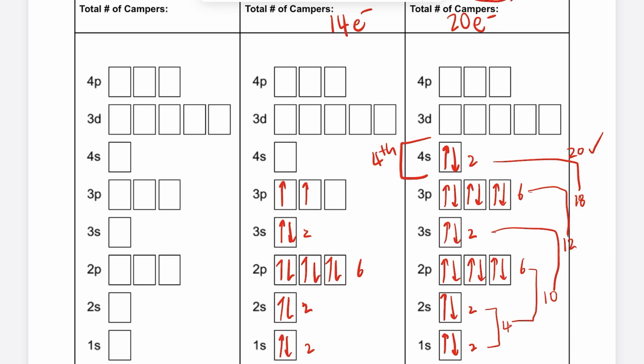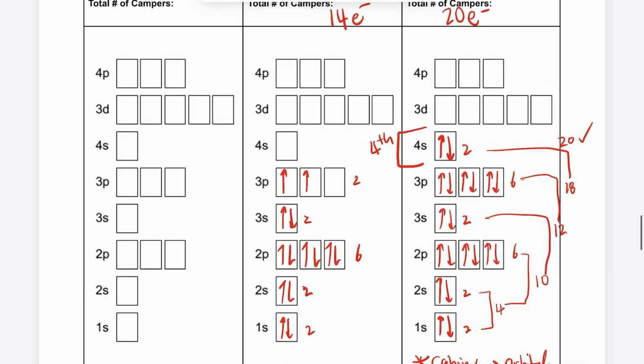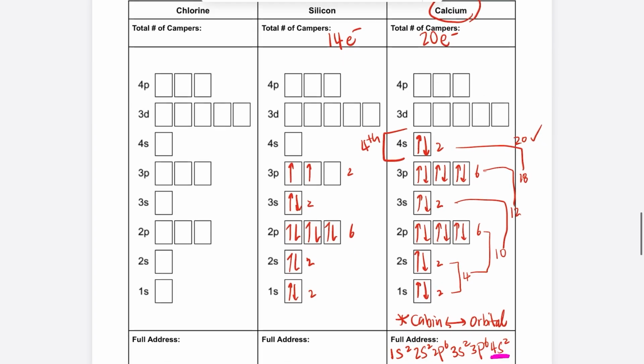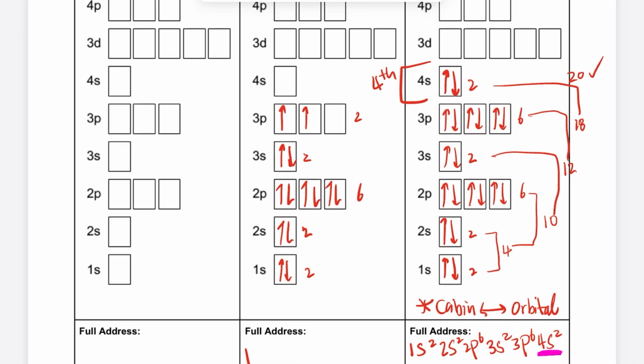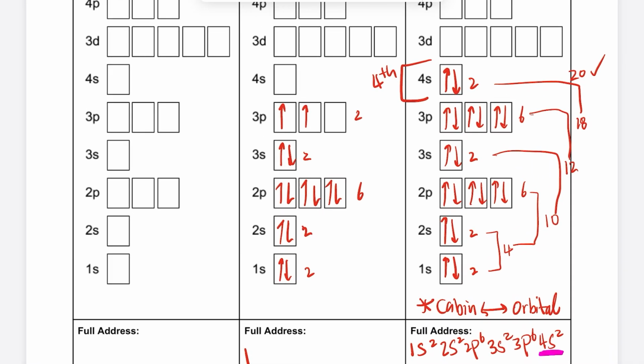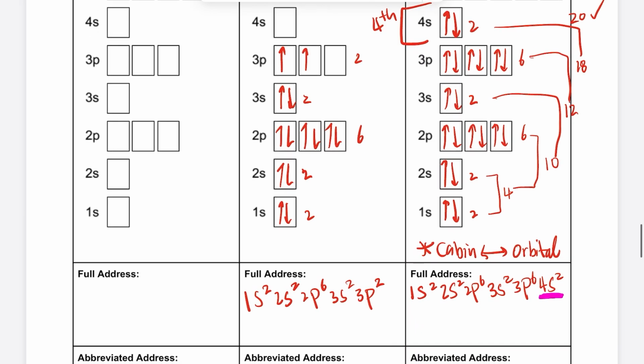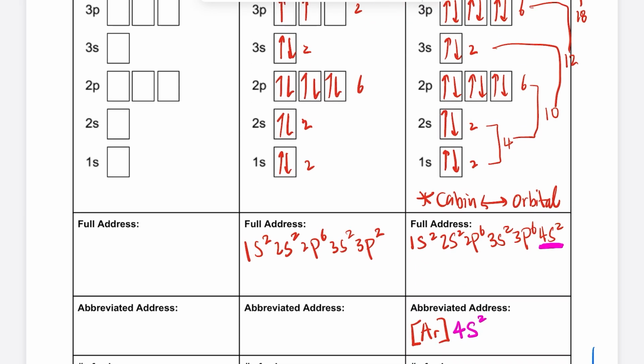So that's 2, 2. Looks like I have 14. I did my math. Let's go ahead and write down the full electron configuration. State the orbital. Which orbital is the first set in? 1s2, and then 2s2, 2p6, 3s2, and 3p2. That's it. So that's the full electron configuration.